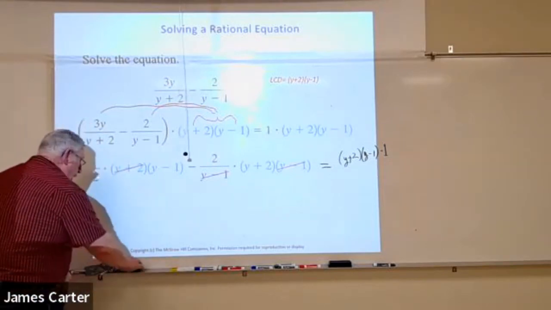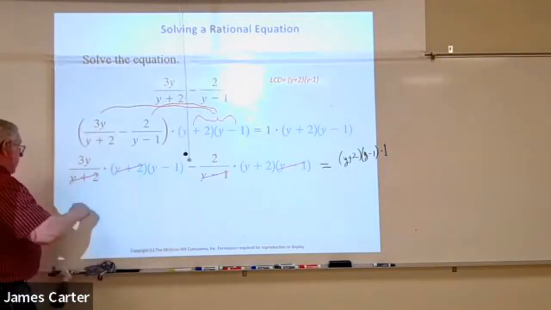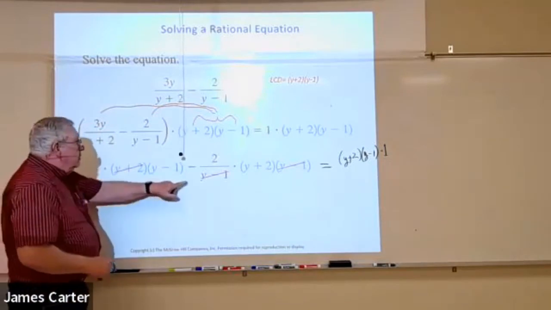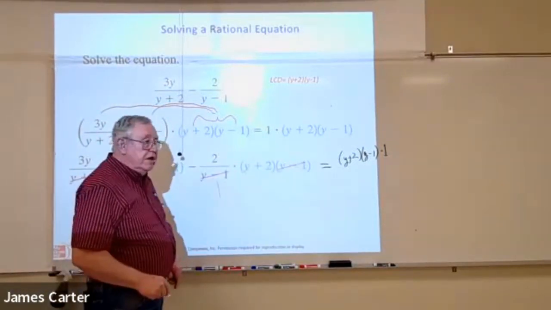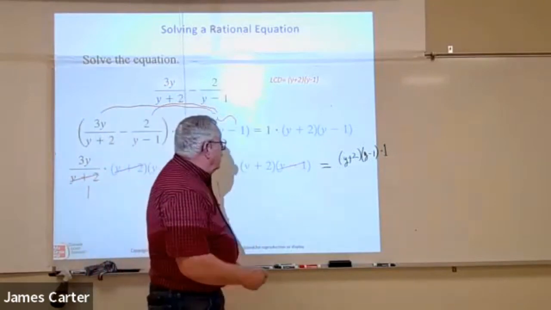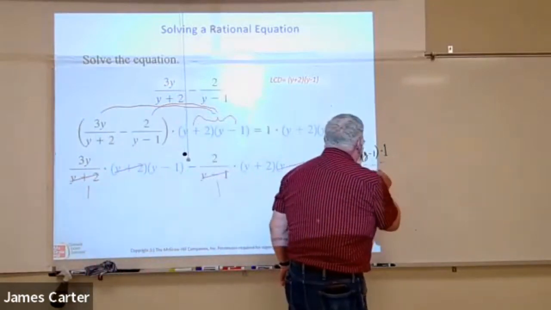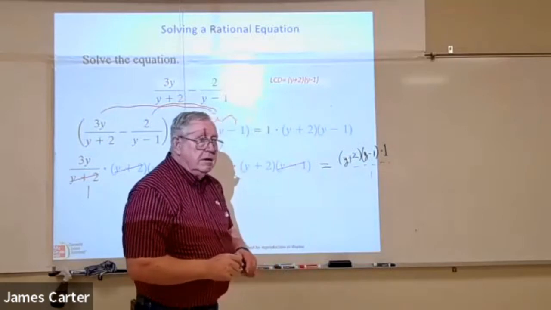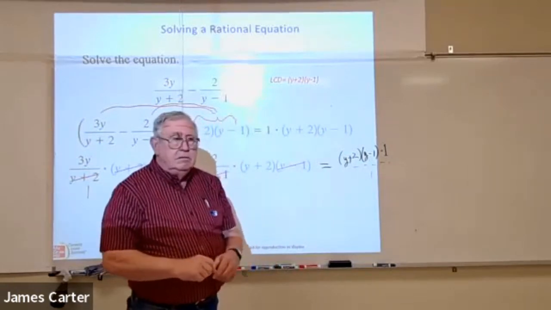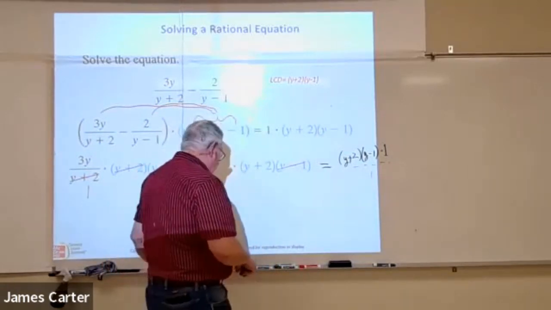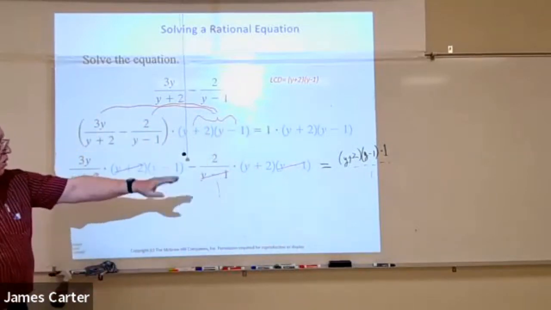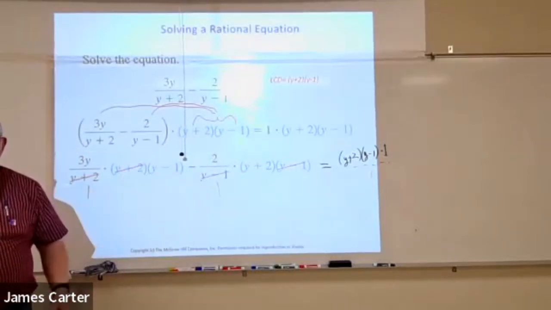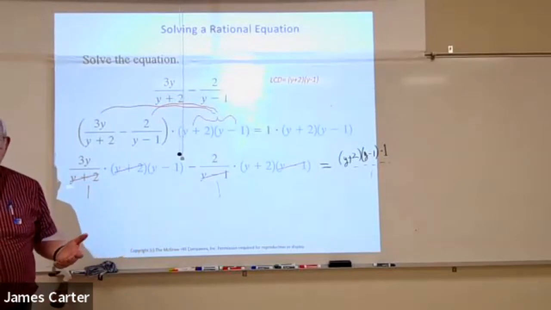Leaves me a 1 here. These 2 will cancel. Leaves me a 1 there. And technically I have an over 1 here. That's kind of hidden, but it's there. Okay, now, since all of the denominators are 1s, they go away.